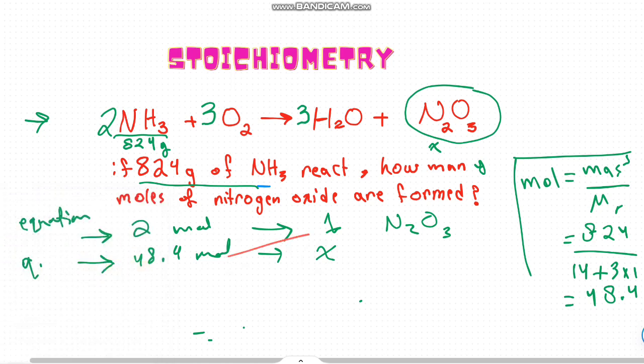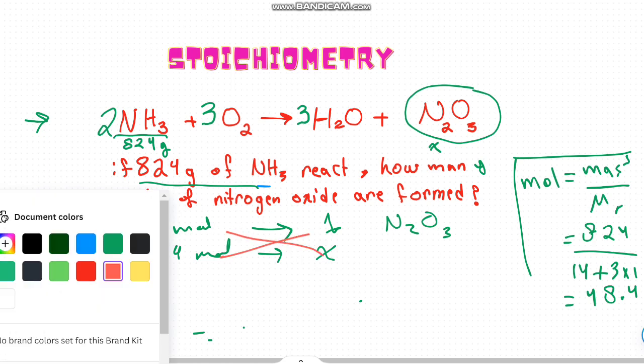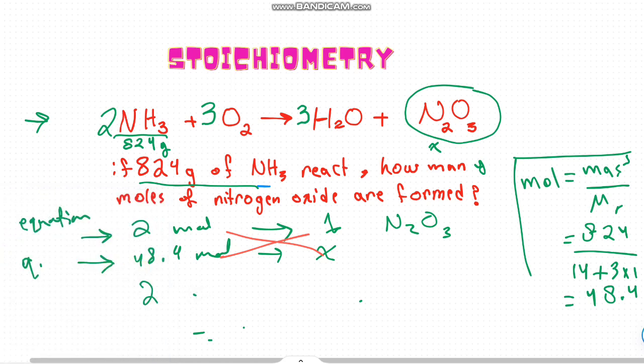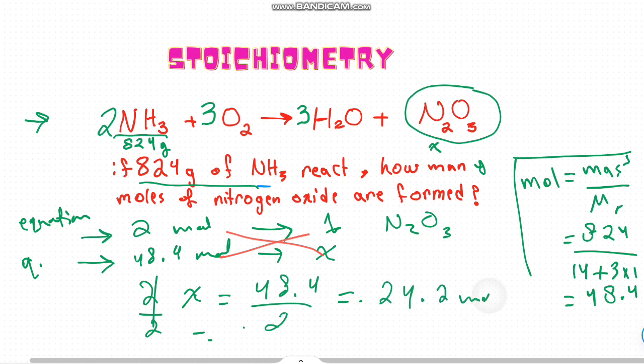Then after that, cross multiplication, 2x equals 48.4 times 1 divided by 2, or you can solve it using your calculator. The answer will be 24.2 mole, and this is the final answer.